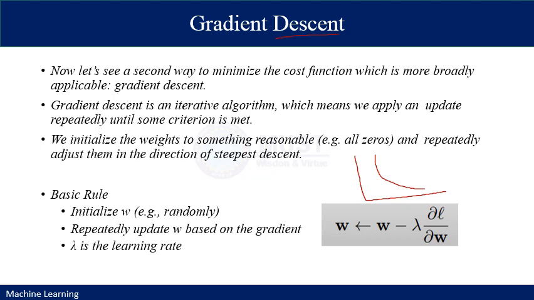So the basic rule of gradient descent is to initialize the weights, for example, randomly, and then repeatedly update these weights based on the gradient. And you can use this formula to update the weights, which is the weight is equal to weight minus some learning rate times the partial derivative of the loss.